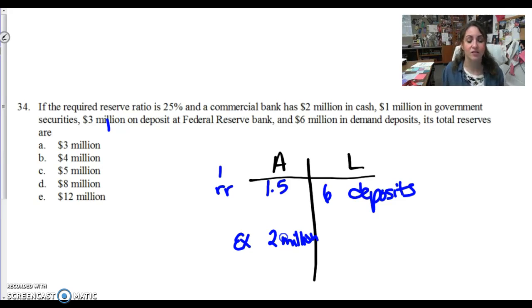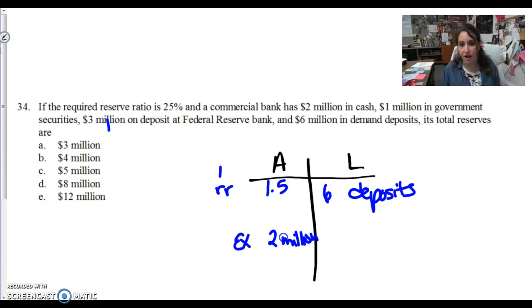Notice how it says $2 million in cash. They don't just say 2 million in excess reserves. Yes, it is in excess reserves, but that's not the only thing in excess reserves, because if there's $6 million in deposits, 25%, 1.5 million of it is going to be required.